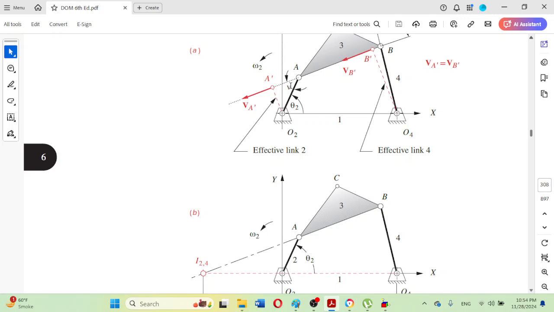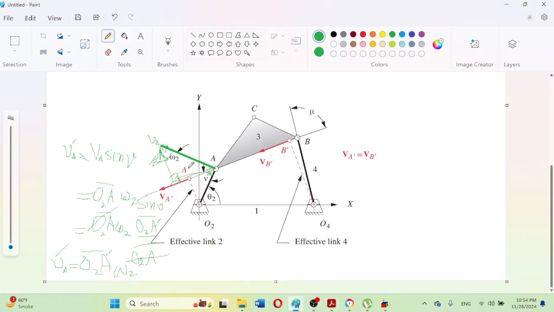So then this angle V will be 0. That means when the angle is 0, no component of velocity will be along this extended coupler link, as can also be observed from here.